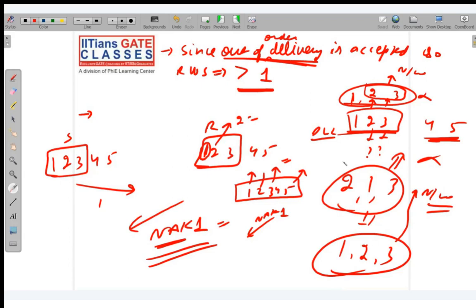It hardly matters whether the timer expired or not, you will send it again.